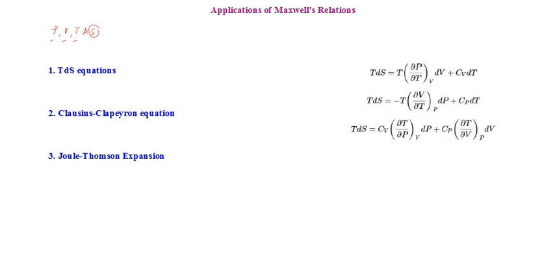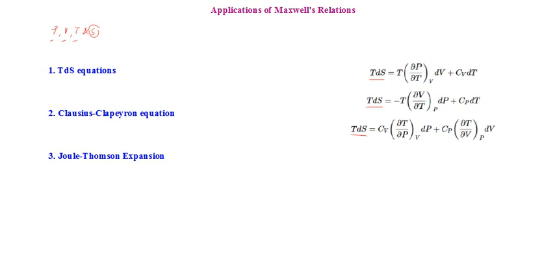And on the right side you can see some equations on the screen whose left side is all TdS, T multiplied by dS, and these three equations are usually referred to as the TdS equations in thermodynamics. There are three TdS equations which have been shown on the screen.